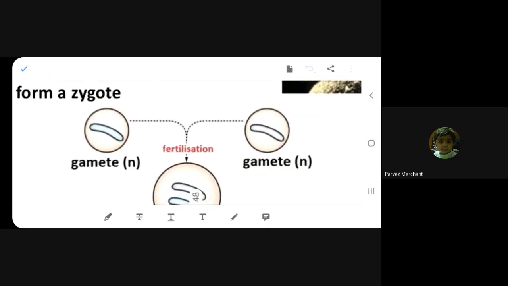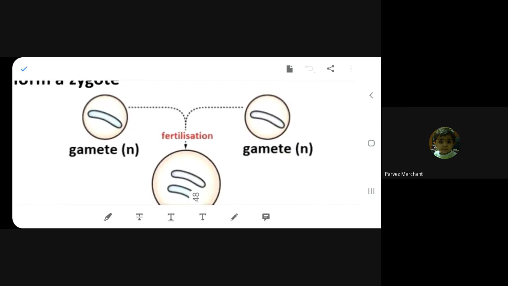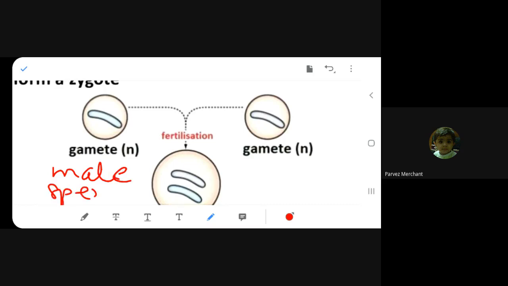Now look at over here, look at how it's been defined. It will be very simple for you. We'll go one step at a time. If I take this gamete, N is the number of chromosomes, so it is haploid. Let's take this as male or sperm. The other one is female, the egg or ovum.